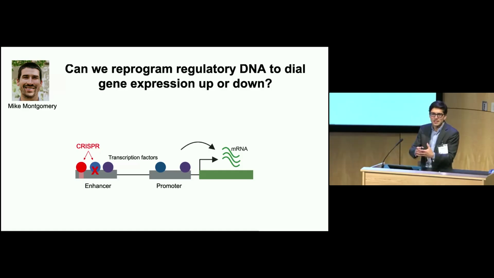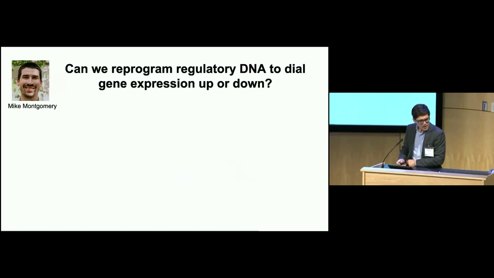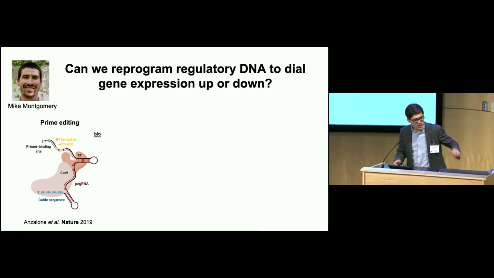Of course, the genome knows how to turn genes up or down, and if we wanted to recreate that for various therapeutic approaches, it would require us to have a really good understanding of where to edit, which types of edits to introduce, as well as a better understanding of how programmable this all is. So we thought it was a good time to start thinking about this when Mike joined the lab because of a few developments.